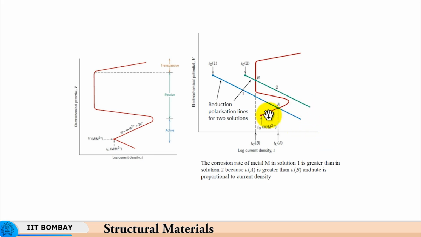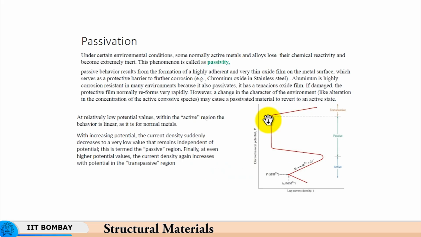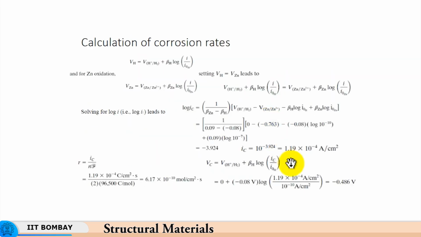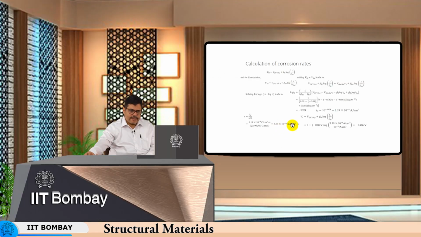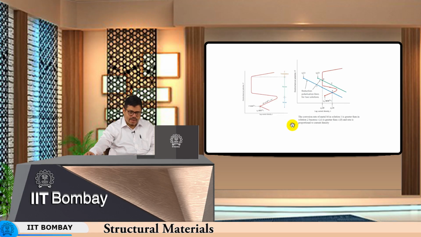Now, here itself, when we did the solution to that problem, we are talking about a corrosion rate of say 10 to the power minus 10 moles per square centimeter. And so the anodic reaction itself is extremely slow.